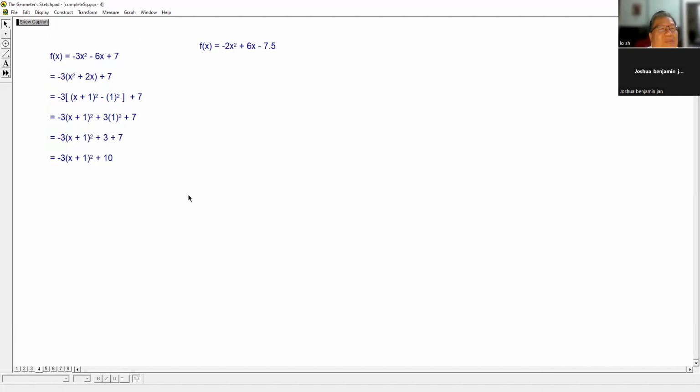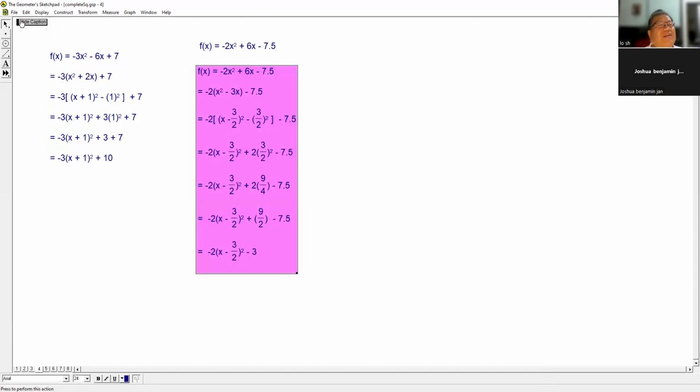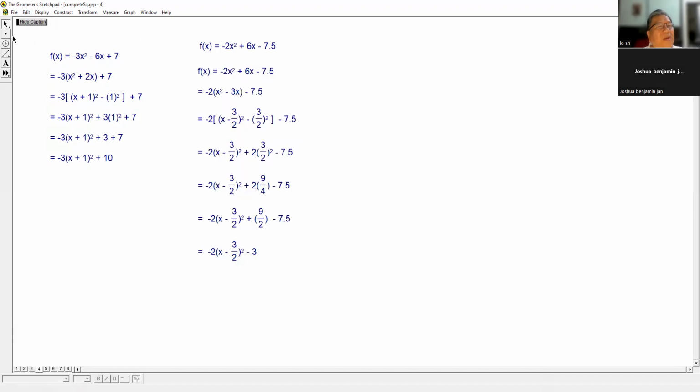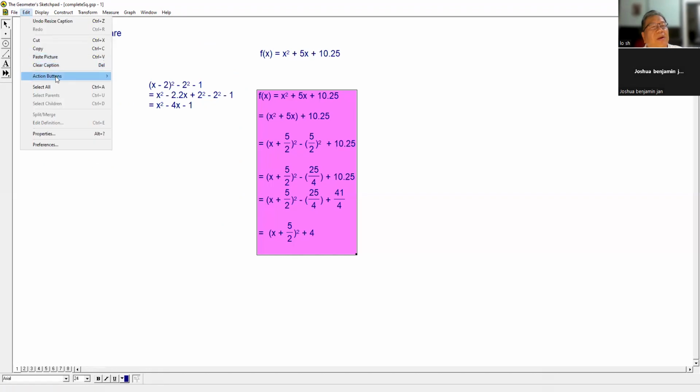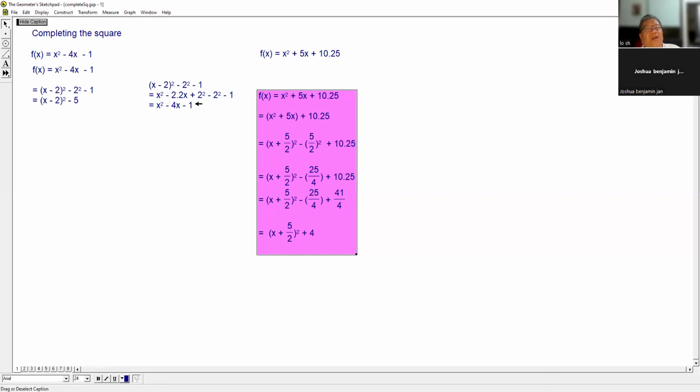We start with the simpler one. This one. Okay. So this process of changing is called completing the square, right?